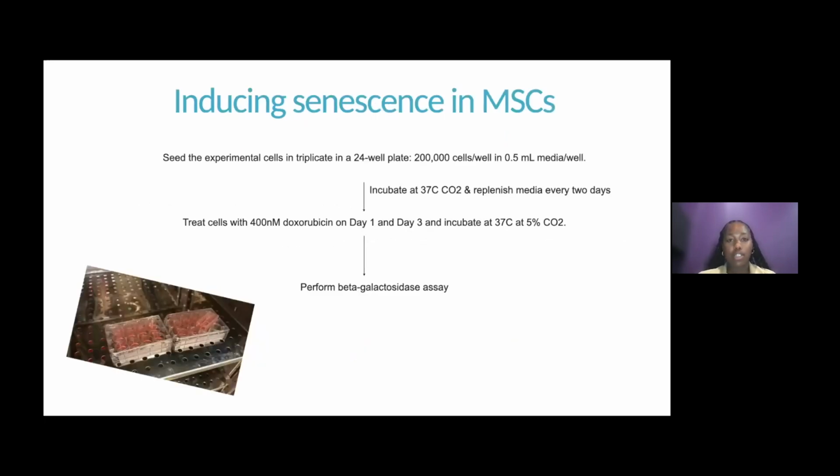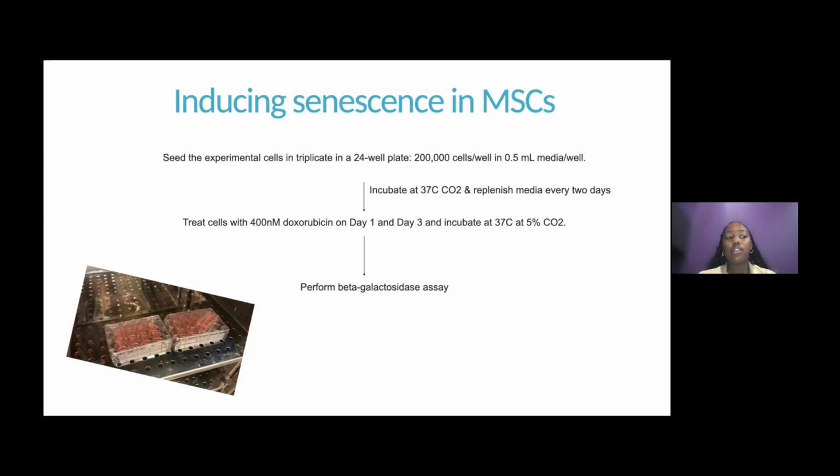How do we induce senescent cells in mesenchymal stem cells? First, mesenchymal stem cells are found in bone marrow and are important for making and repairing skeletal tissues. So these mesenchymal stem cells were isolated from the bone marrow of the pigs. Then they were cultured in the lab. During these experiments, we seeded about 200,000 cells in a 24-well plate. Then these cells were incubated at 37 degrees Celsius with carbon dioxide, and the media was replenished every 2 days.